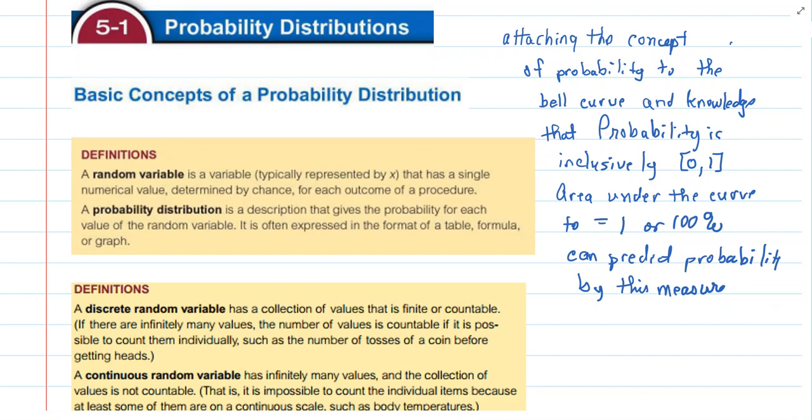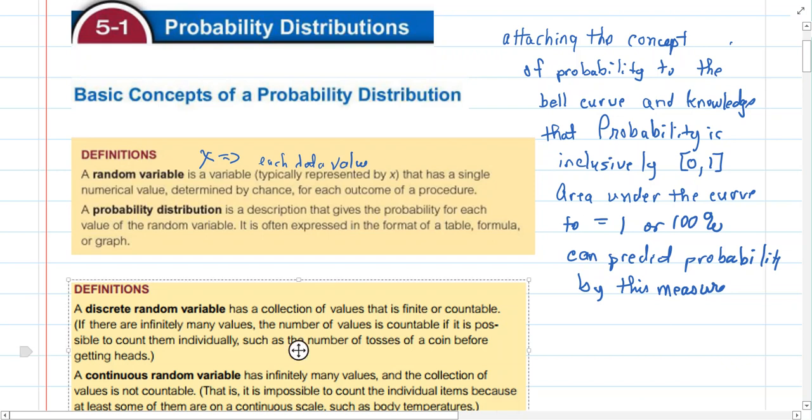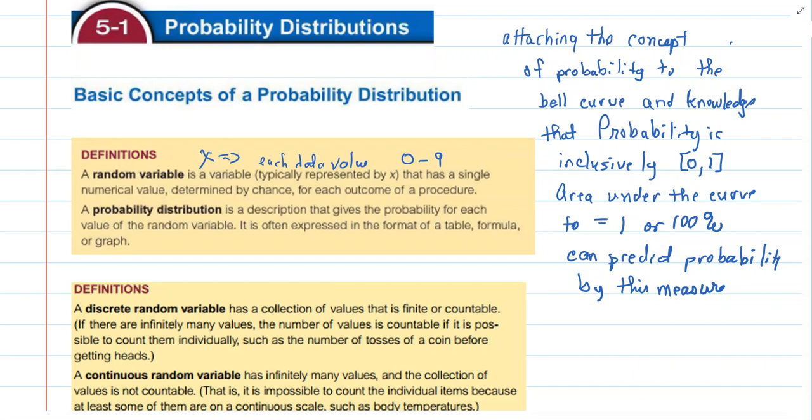The random variable is typically represented by x. So it is an x representing each data value that has a single numerical value, determined by chance for each outcome of a procedure.